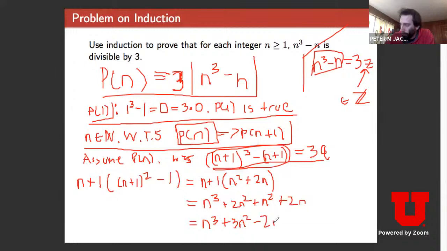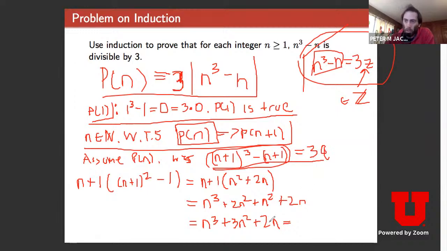Okay. We still want to use our inductive hypothesis, which is up here, and we haven't used it yet. The issue is that we have a plus 2n, and we don't have a minus n. Sorry, we have a plus 2n and not a minus n. So we're still not there yet.